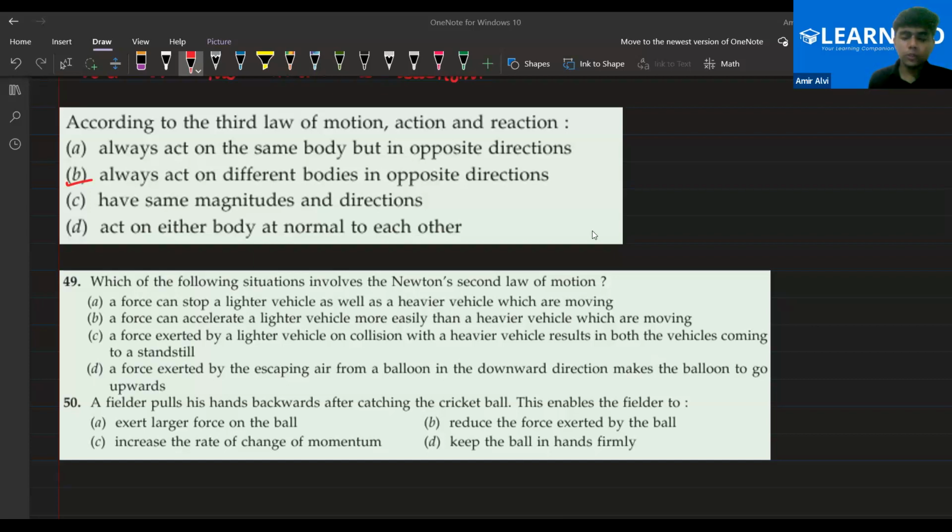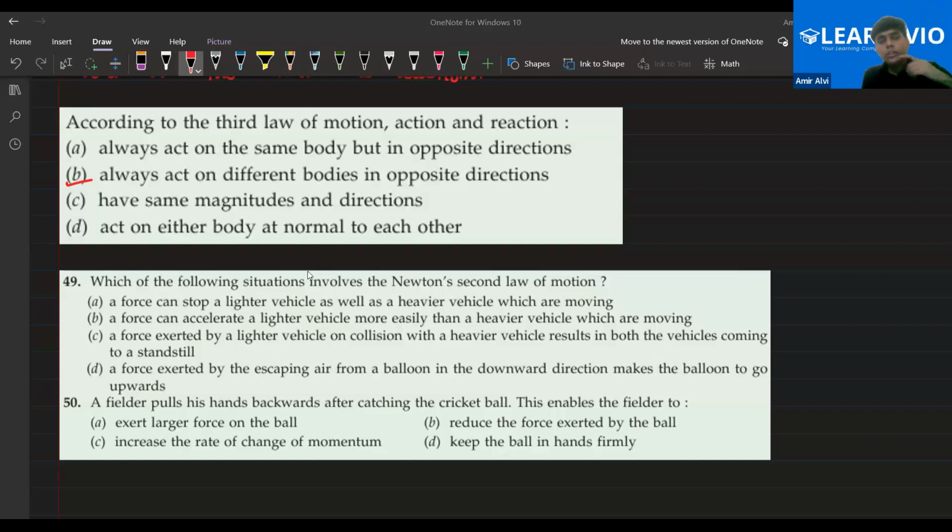You didn't mention any question number. Sir, for the second one. For this 15th one. What about the 49th? Sir, I will send that also. Send it to me. Okay, chalo, that's good.